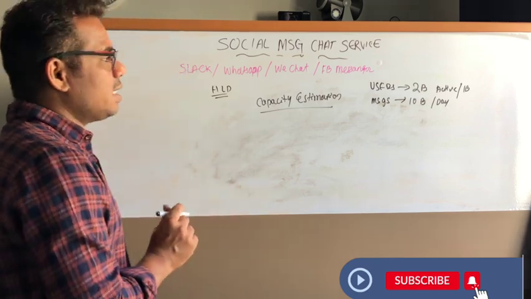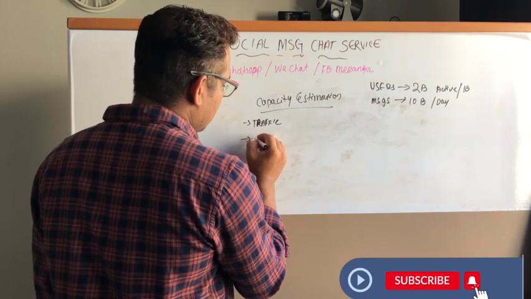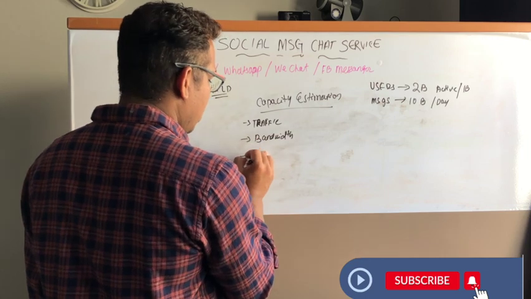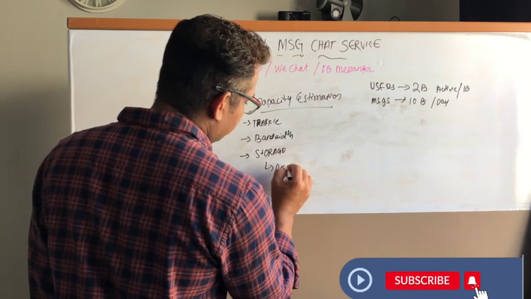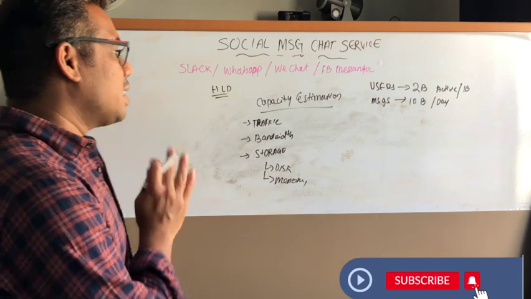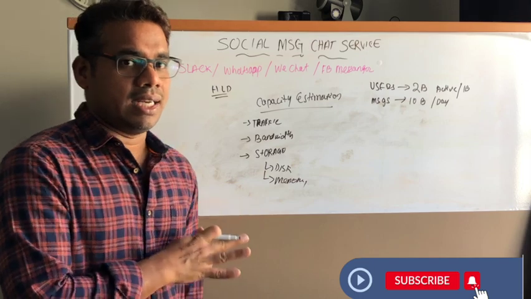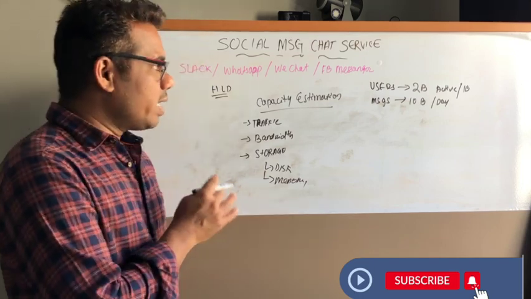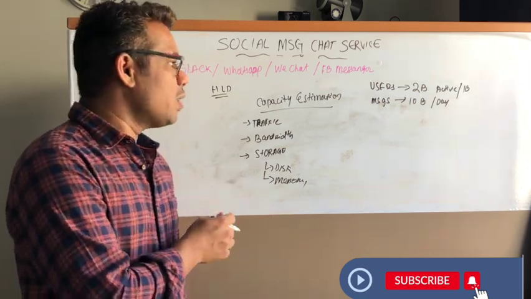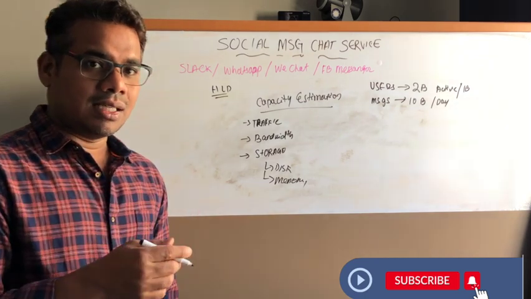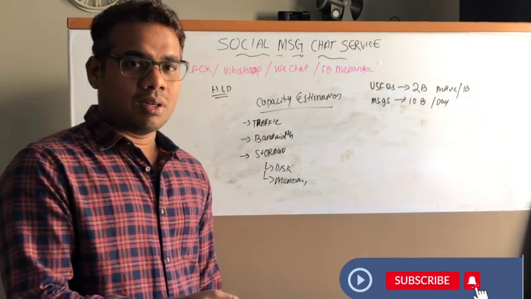If that is the case, then we have to talk about how much traffic there is, what bandwidth we need, and what storage we need, right? It can be disk, and it can be memory. These are the things we have to estimate, like how much resource we really need. We'll not go through the bits and pieces of this capacity estimation, because we have already discussed it in a different video, a different session that is available in the playlist itself.